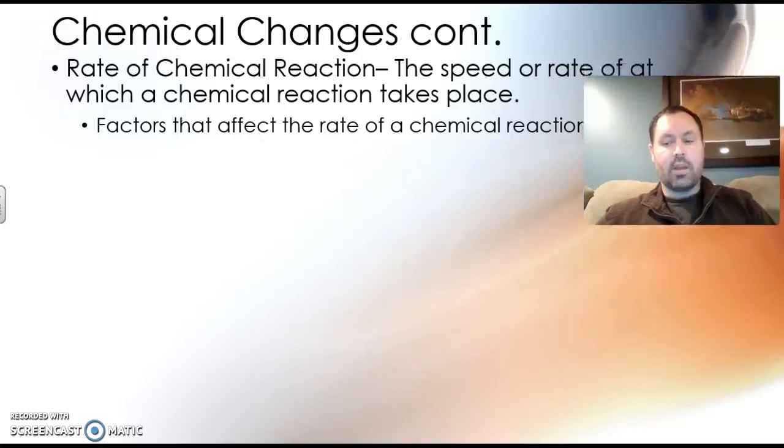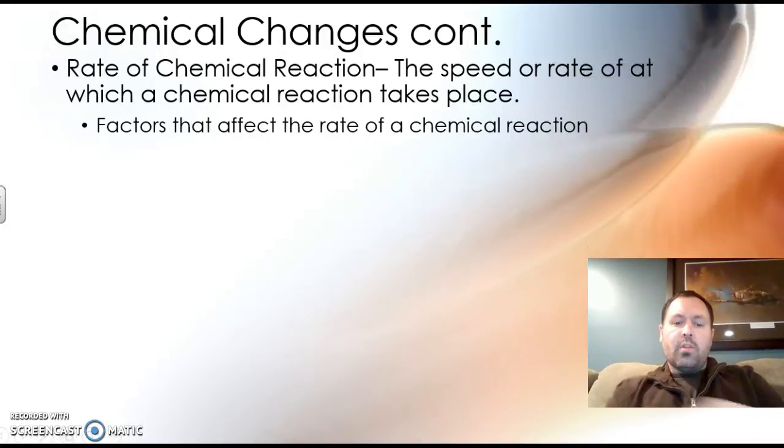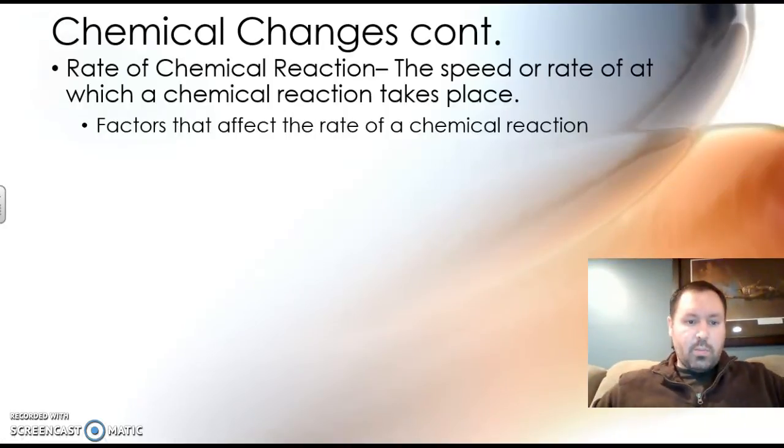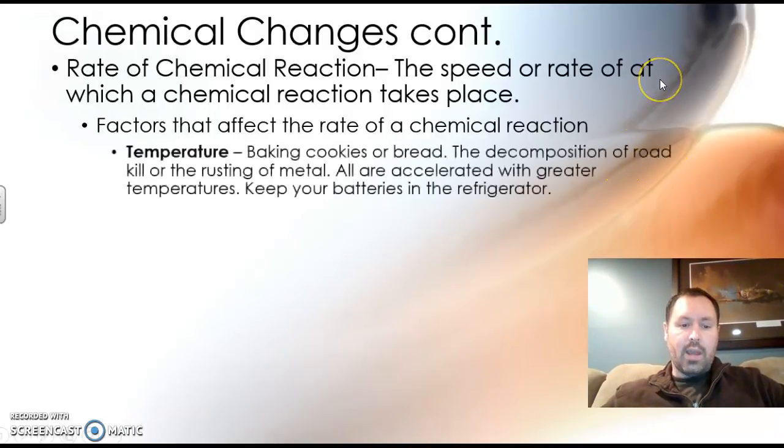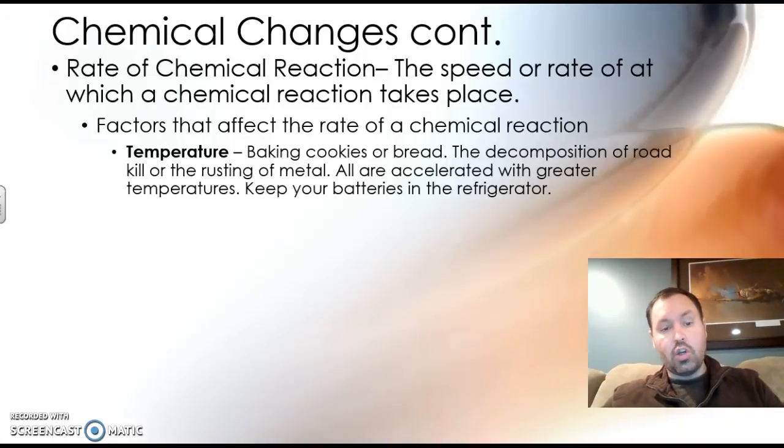All right, let's continue with chemical changes. The rate of chemical reaction, or the speed at which a chemical reaction takes place, depends on a few different factors. A factor that affects the rate of a chemical reaction could be the temperature. For example, if you put all the materials together to make bread or cookies, there's baking soda that goes in there, and it starts a chemical reaction when you add baking soda to the cookies.